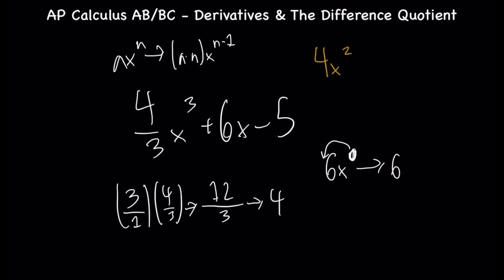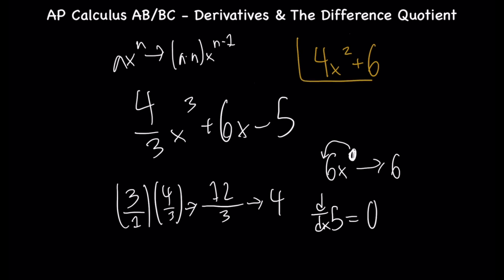So that leaves you with 6. And then the derivative of 5. This symbol, by the way, is just the derivative of this number next to it. The derivative of 5 is just 0. Any number that is just a constant, like 1, 2, 3, 4, 5, the derivative of that number is just 0.